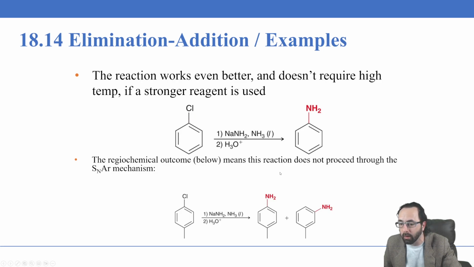The regiochemical outcome here means, when we take a look at it here, the result is that if we have an electron donating group here, it's going to occur either at the ortho position, but also at the meta position to that group.